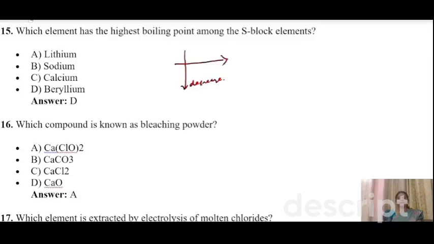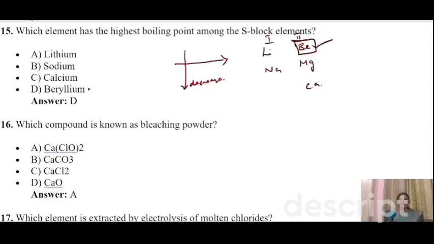Here the elements are arranged as lithium, sodium, and beryllium, magnesium, calcium. This is the first group and this is the second group. Comparing lithium and sodium, lithium has the higher boiling point. Comparing beryllium and lithium, beryllium has the highest boiling point. Therefore, the correct option is beryllium.